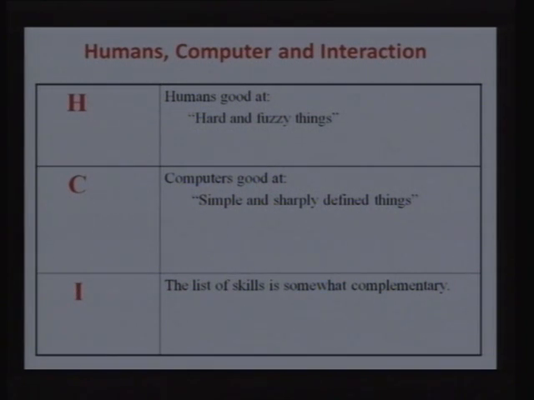Whereas when we look at the second component, the computer, what is it good at? A computer is good at simple and sharply defined things. What do we mean by simple and sharply defined things? If you look at the fundamental principle of a computer system, it works on sequential logic.